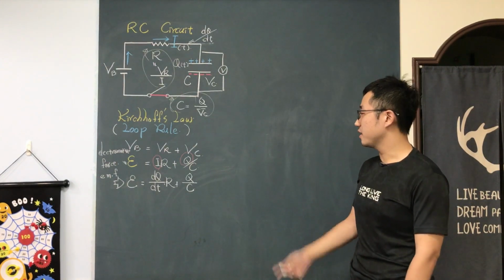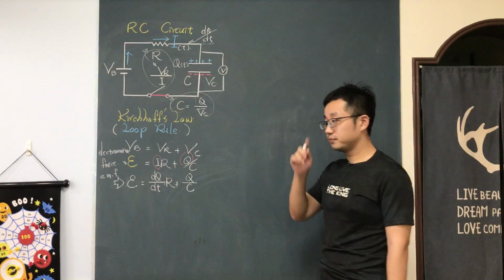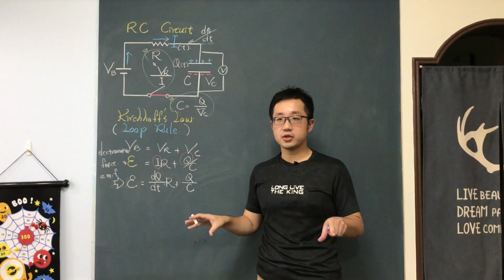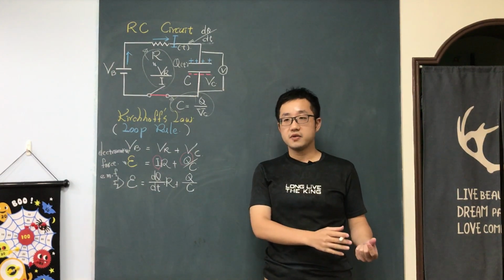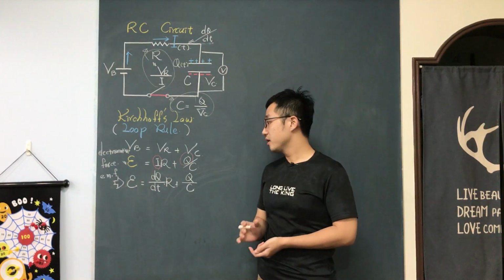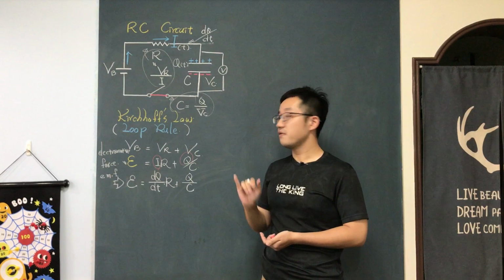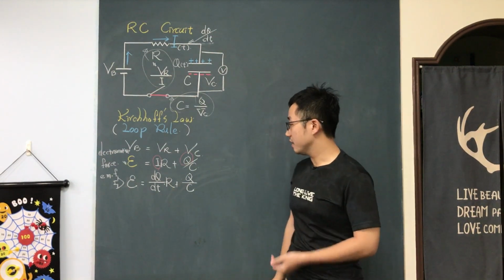Okay, let's keep doing the calculus. In order to do the integral, the trick is you need to separate the variables. You just want to put one variable on one side and the other variable on the other side. So now the q looks similar, right? You can take the q as one variable, and the other one is your time t.